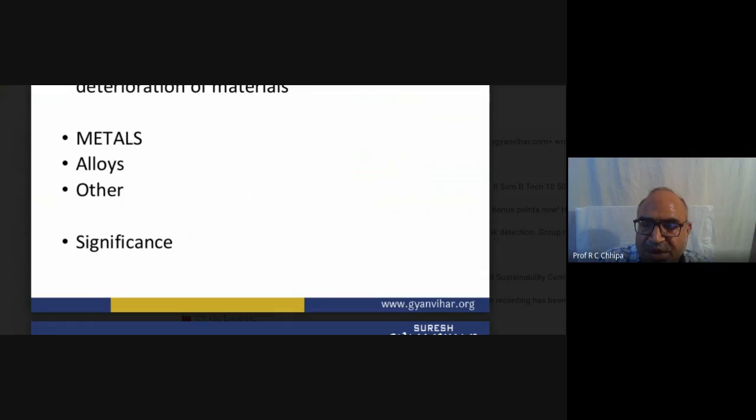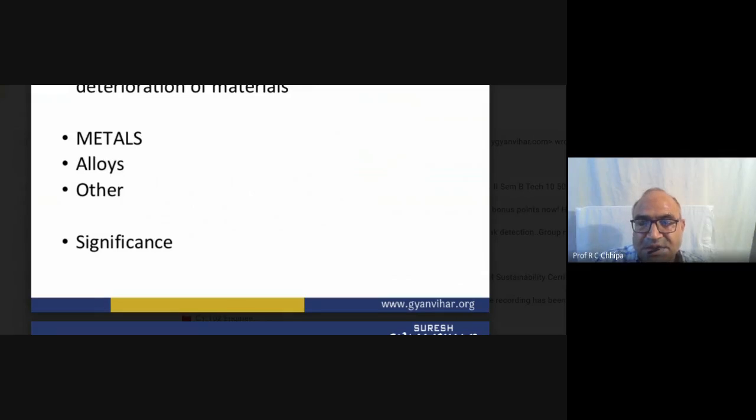So copper undergoes the process of corrosion in presence of carbon dioxide and moisture, and that copper is converted into copper carbonate, or copper hydroxide. So during this particular process, the metal undergoes deterioration. It will definitely be destroyed. So this is of much significance regarding corrosion.